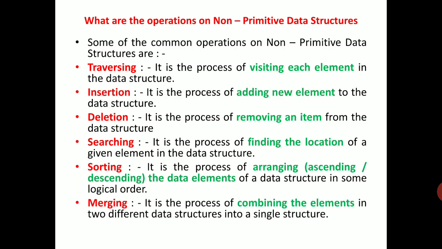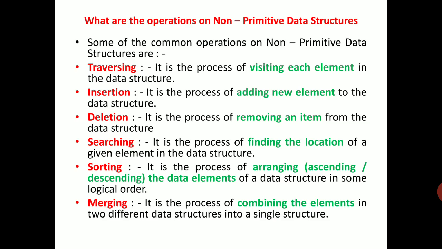And the sixth operation is merging. It is the process of combining the elements of two different data structures into a single data structure. Merging means combining. The two different data structures are combined into one. We'll see in the next slide how it looks.